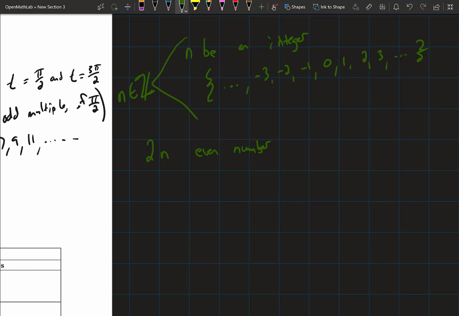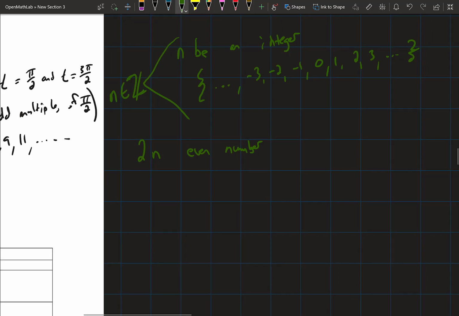Then if we think about how the number line works, it keeps going even, odd. So we would have 0, 1, 2, 3, 4, 5, 6, and so forth.